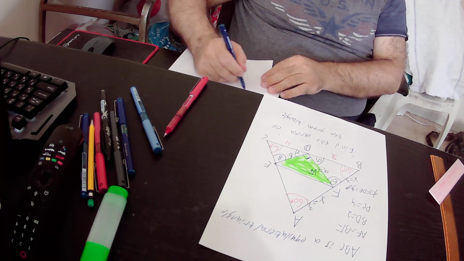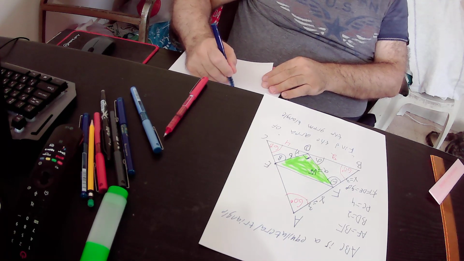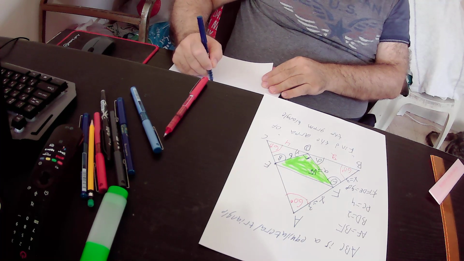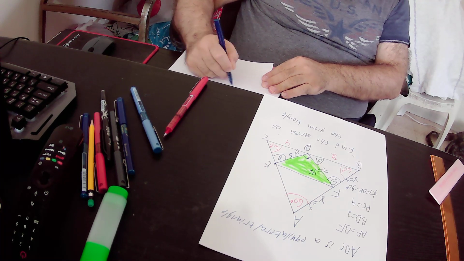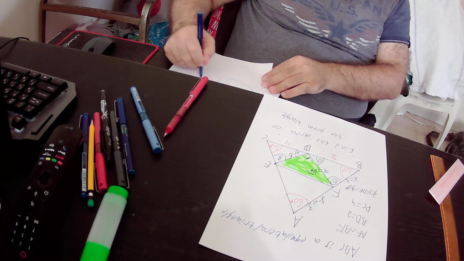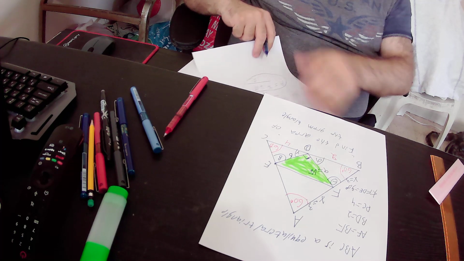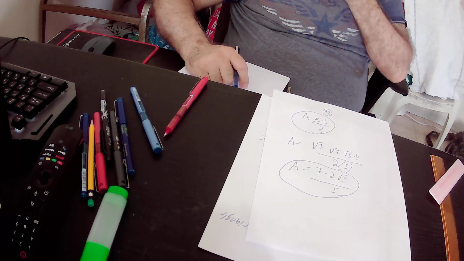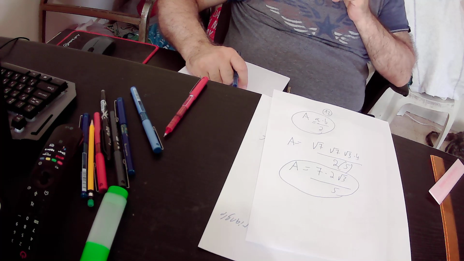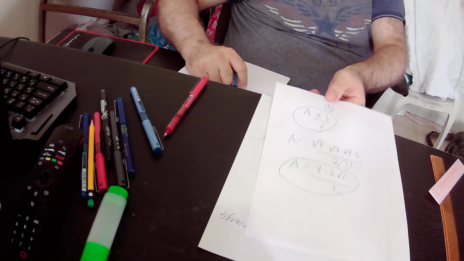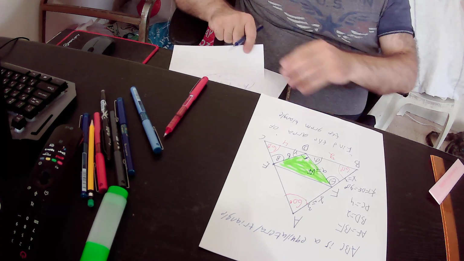So the area of the green triangle equals 7 times 2 times root 3 over 5 square units. 7 times 2 is 14, so I write it down.